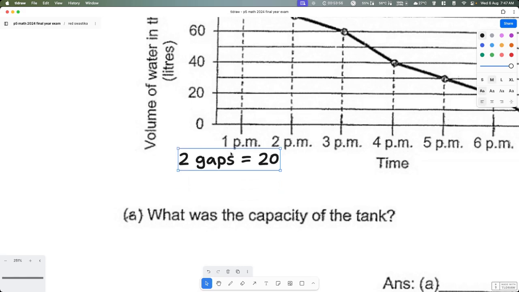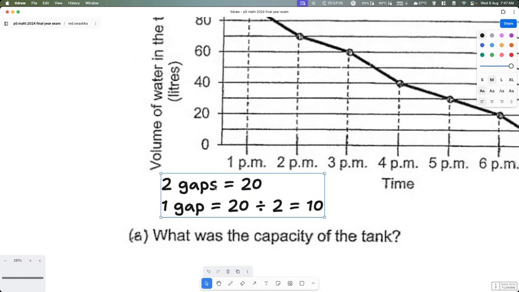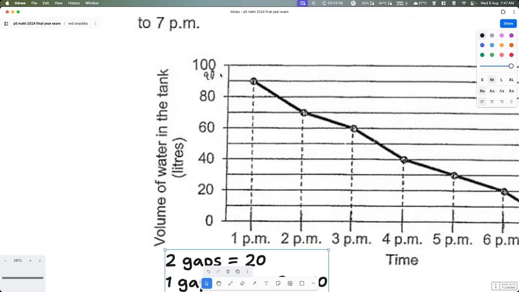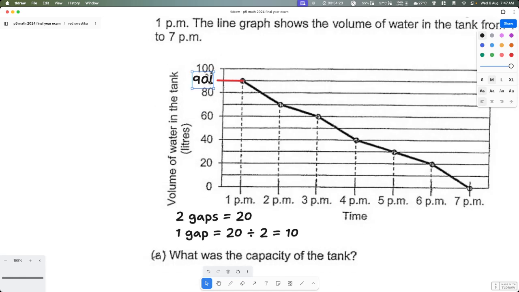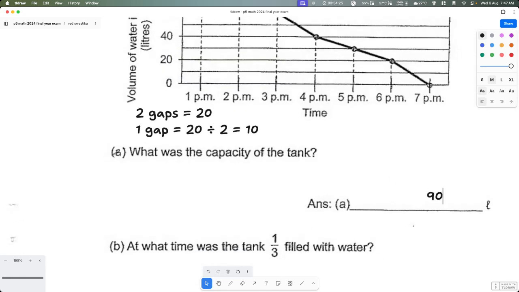And then from here, one gap is equal to 20, and then we divide it by 2, to give us 10. Okay, so from here, we know that one gap is 10, and then here, I think they show the answer. So we're just gonna put like this, red, and this is 90 liters, black. There you go. All right, 90 liters. Okay, so in this case, the answer is 90.